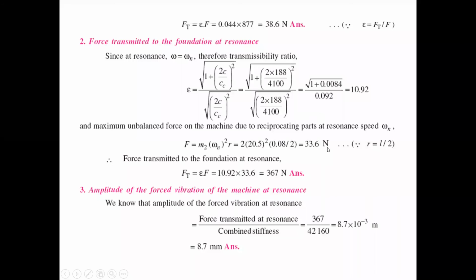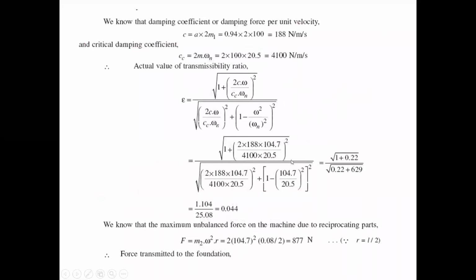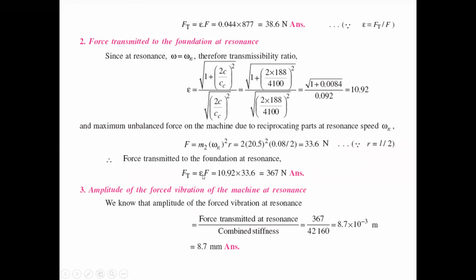So it is nearly 33.6 newtons. Force transmitted equals ε into F. In this, the value arrived is 367 newtons. That is the force transmitted to the foundation at the resonance level.